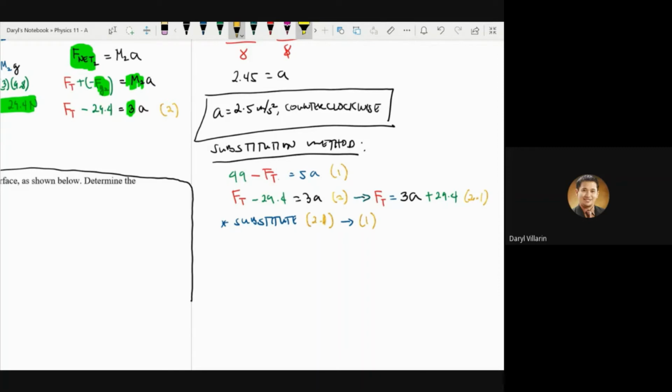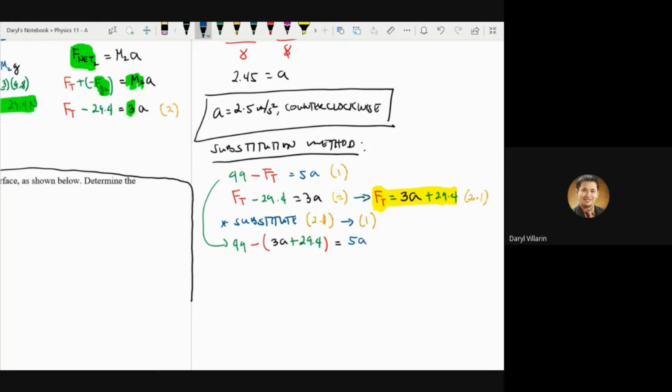So FT should be replaced with 3A plus 29.4. So if I write this, that's 49 minus (3A plus 29.4) is equal to 5A, which is coming from your equation number 1.